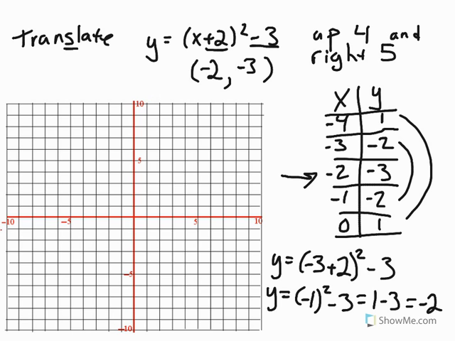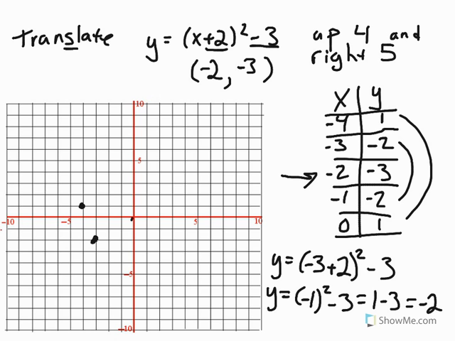So the first point is negative 4, 1. I start at the origin, here in the middle of the graph, and I move 4 units to the left and up 1, and I have the point right there. Then I'm going to graph negative 3, negative 2, which means I go 3 units to the left and down 2. So right there.